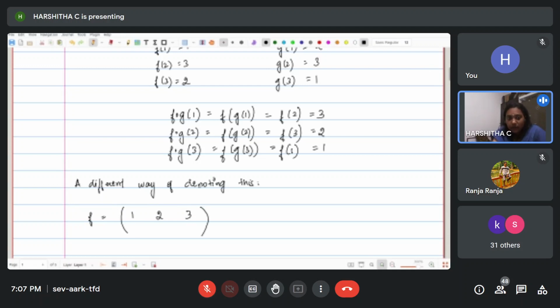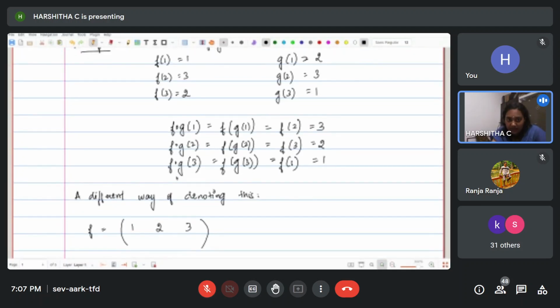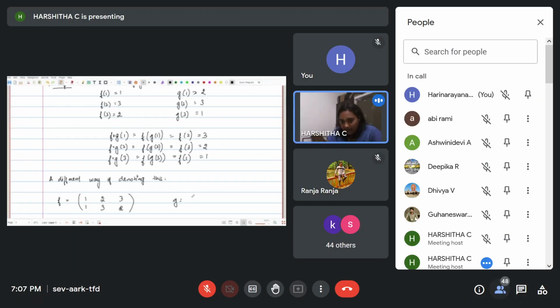And below we write the image of these elements under f. Image of 1 under f is 1, so we write 1 here. Image of 2 under f is 3, so we write 3 here. Image of 3 under f is 2, so we write it like this.